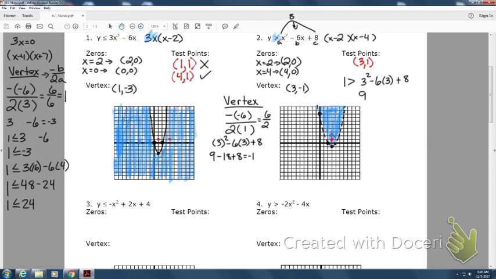That would give me 9 minus 18 plus 8, and that gives me 1 is greater than negative 1. Is that a true statement? Yes, that means we shaded correctly. So you put in the point.